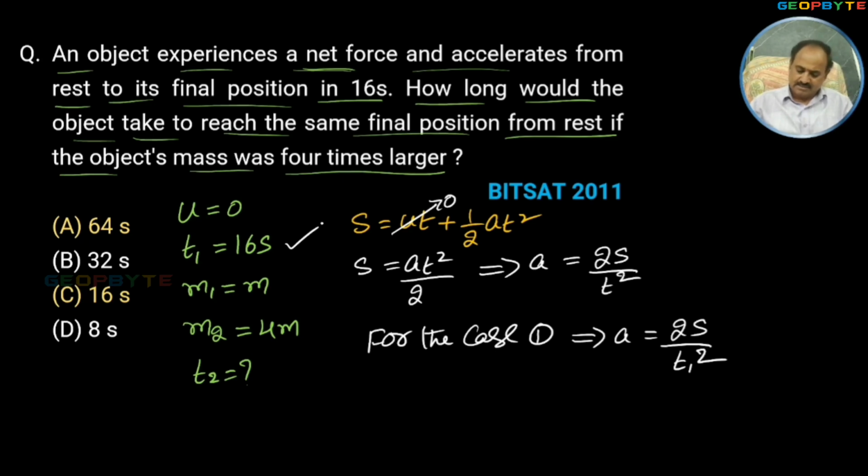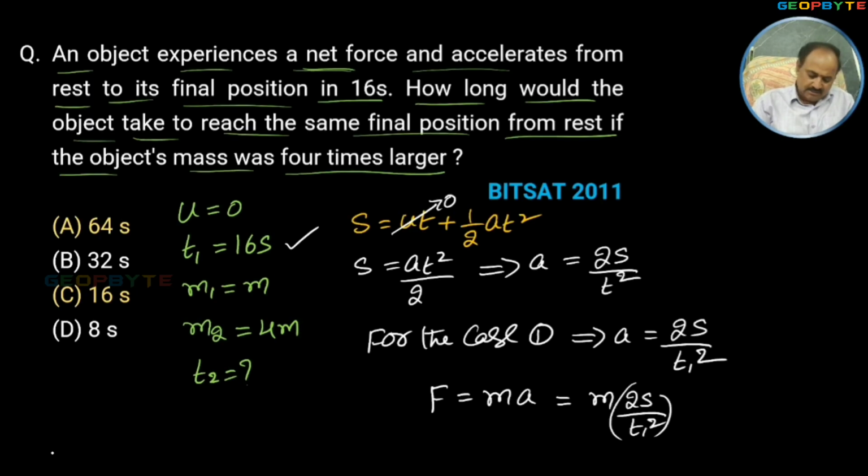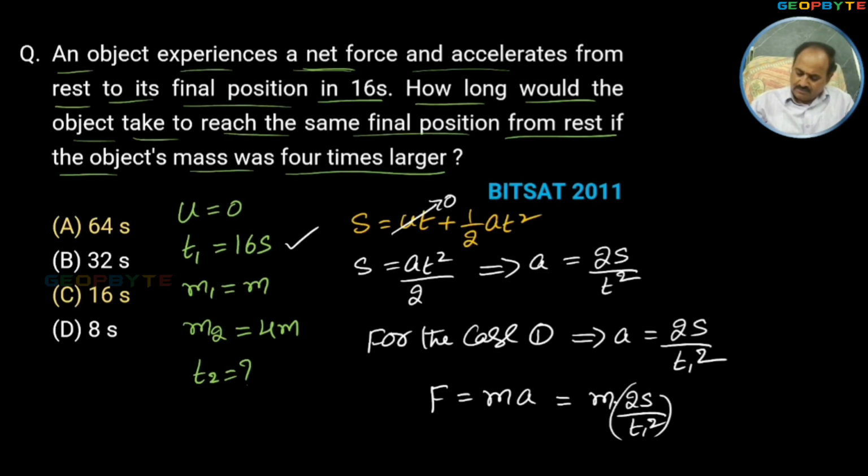Then force F equal to mass times acceleration, which is mass times 2s by t1 square. So the net force F equals m1 times 2s by t1 square, where m1 equal to m.